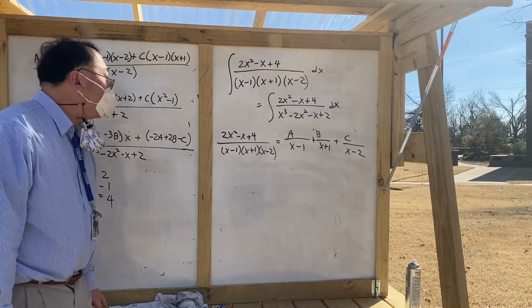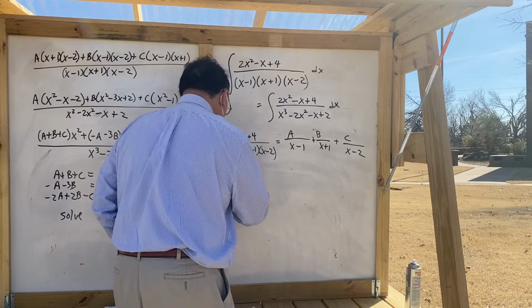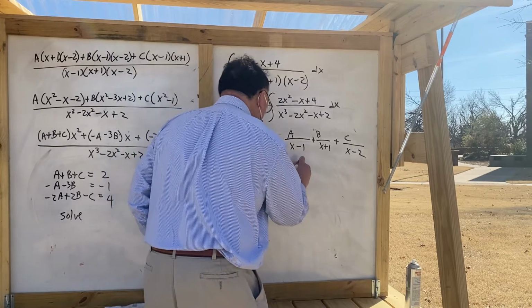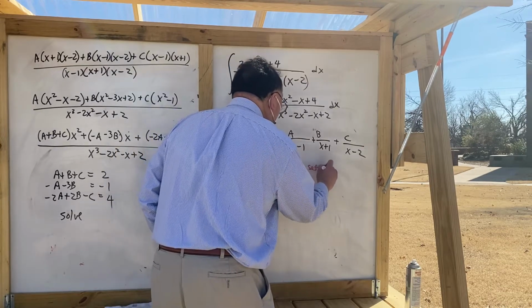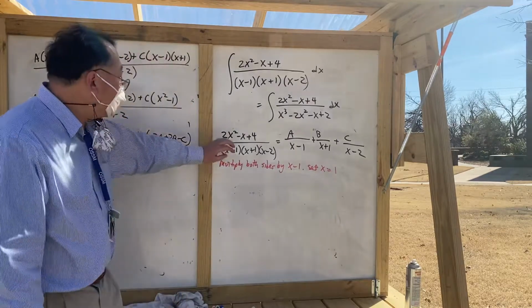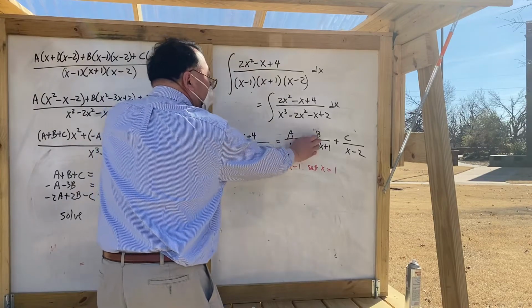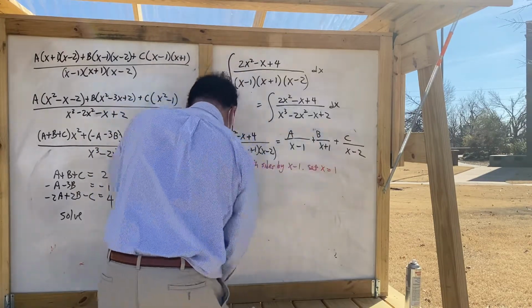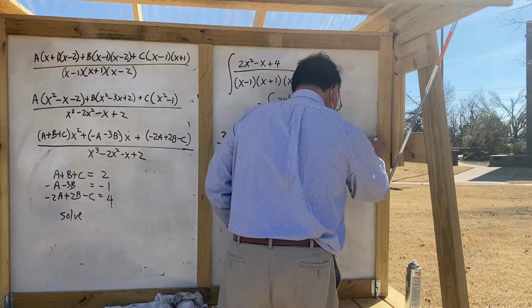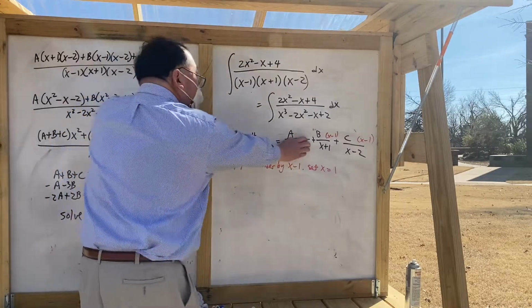The trick method is now I'm going to multiply both sides by x minus 1, and then set x equal to 1. I'm going to multiply both sides by x minus 1, cover up, cover up. This is times x minus 1, this is times x minus 1.